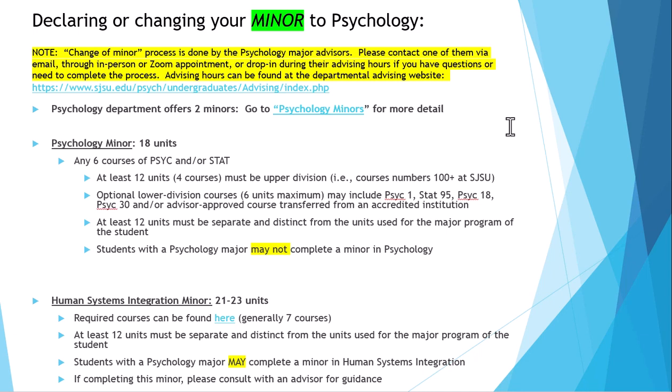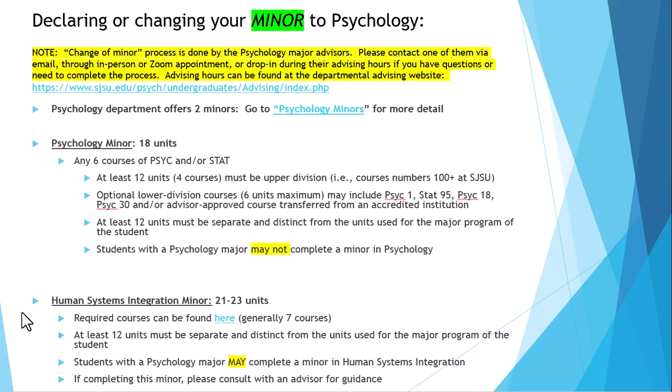Okay, so here I've outlined the process. Basically the first thing that you should do is to read about the different minors that we offer within the psychology department. There are 2 minors in our department. One is a general psychology minor, and the other is a minor in human systems integration.